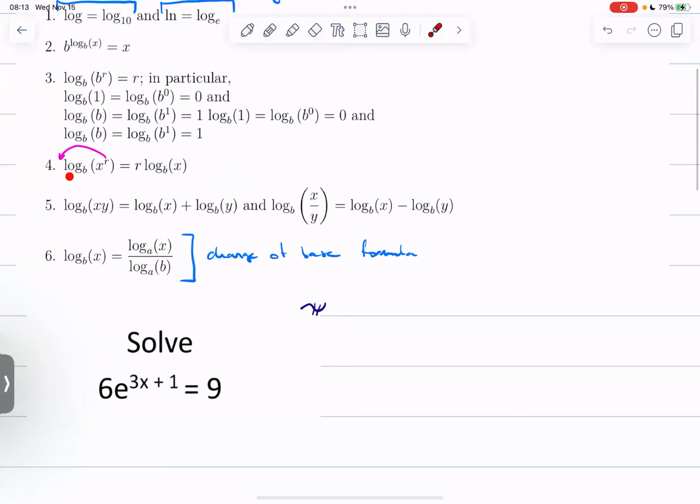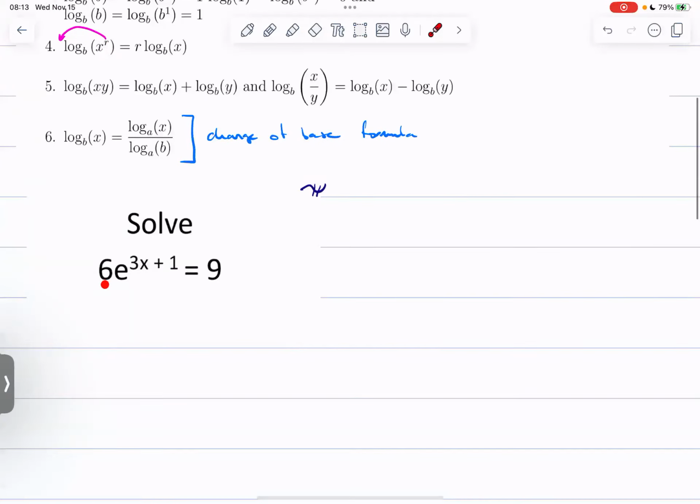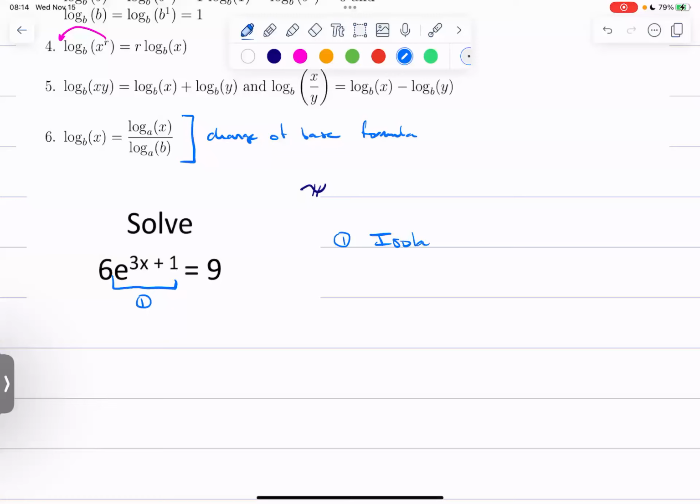By this property. But in order to do that, I have to move this 6 over to the other side, right? Because I need to get just the exponent on its own. So to solve something like this, step 1 is isolate the exponent.